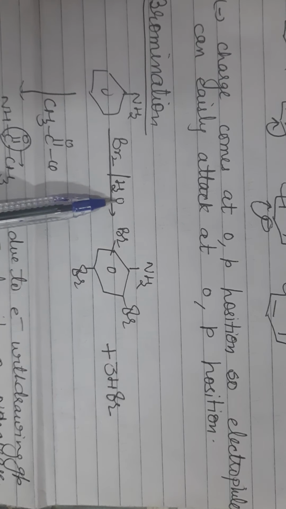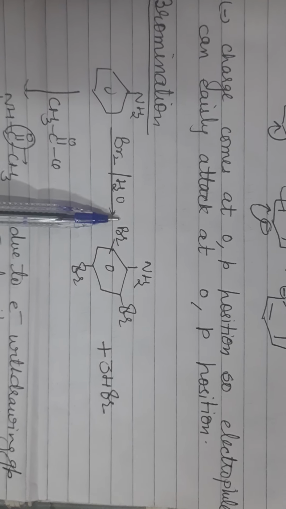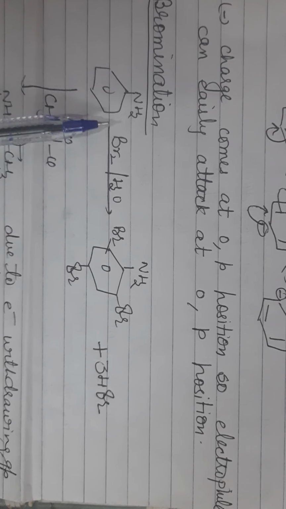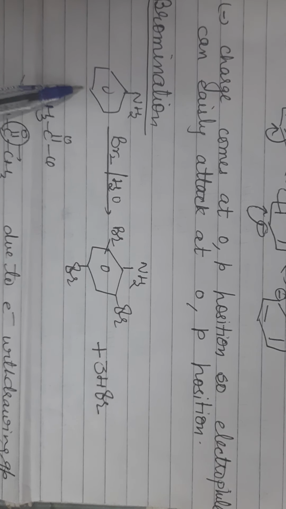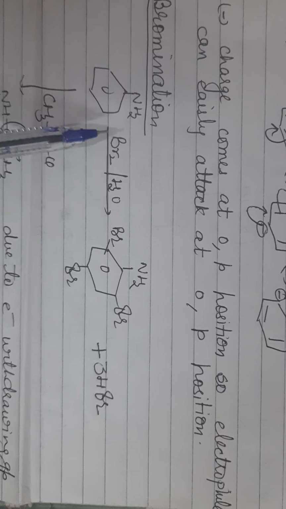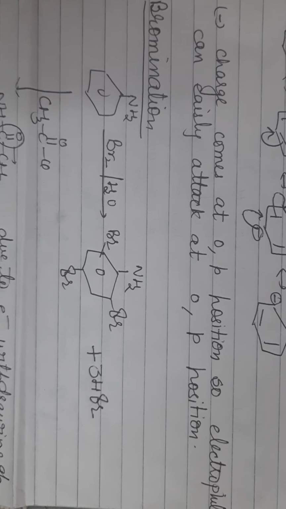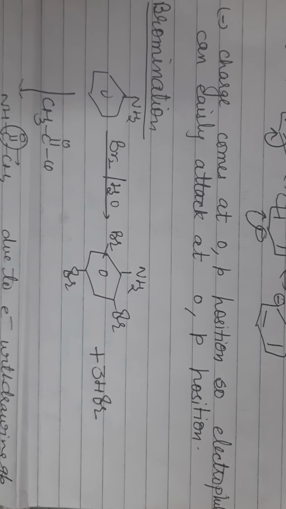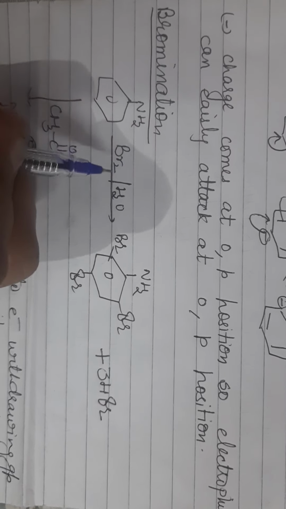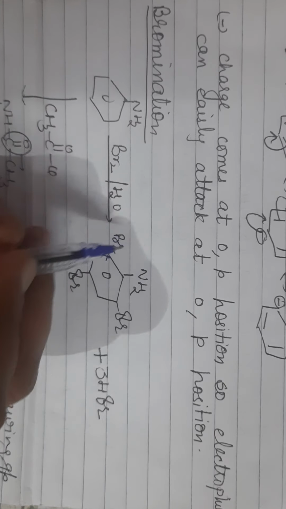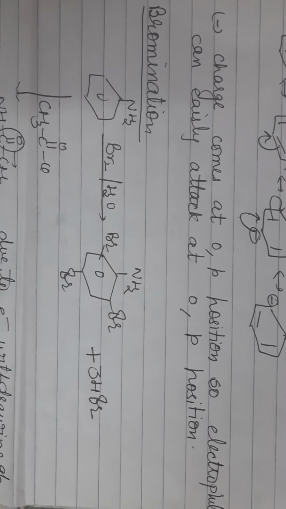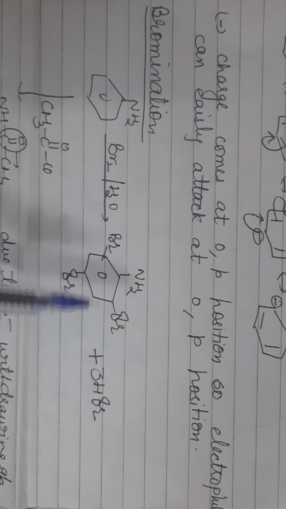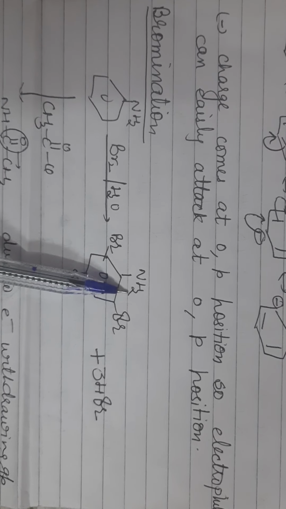Because water is a polar solvent, in the presence of a polar solvent more negative charge comes at ortho and para position. Because aniline gets polarized, more negative charge comes at ortho and para position. That's why we get tribromoaniline.